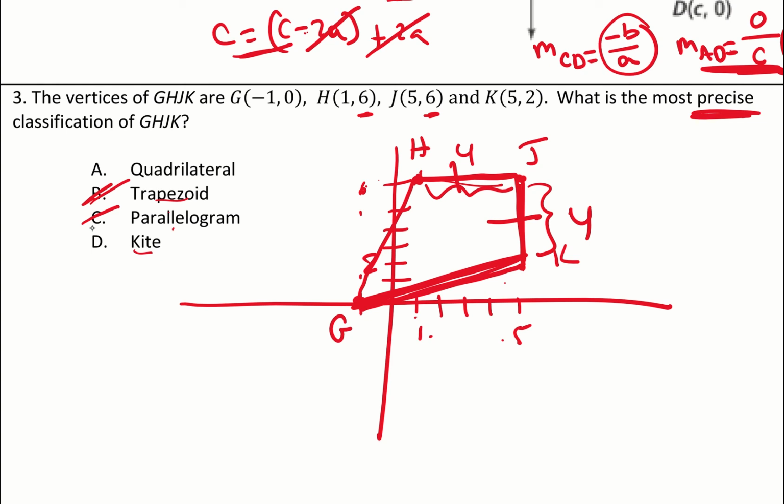The distance here: 1, 2, 3, 4, 5, 6 spaces here, and then 1, 2 spaces here. And this is 1, 2, 3, 4, 5, 6 spaces here and 2 spaces here. So it's 6, 2, 6, 2. And so they have to be the same distance, and therefore they are congruent. And so this is a kite.